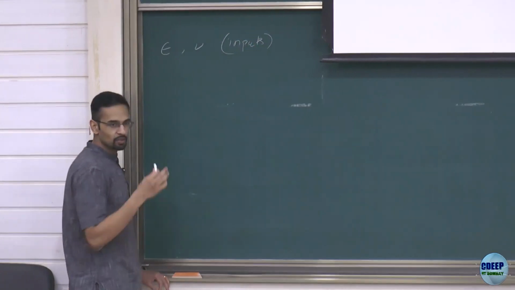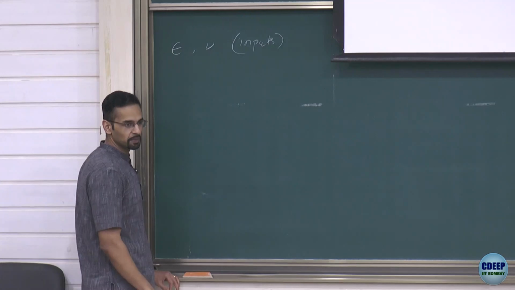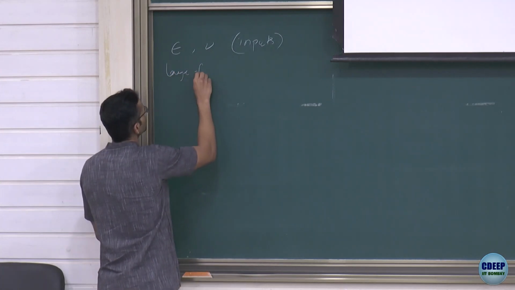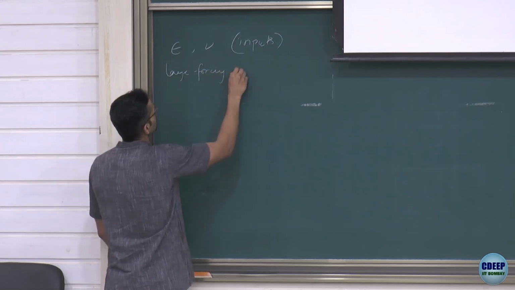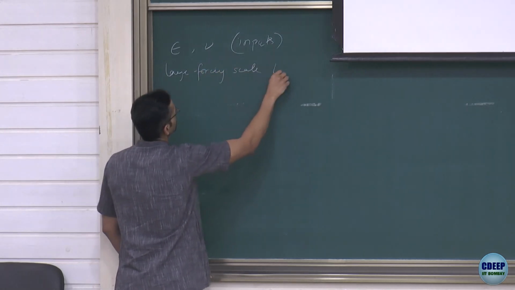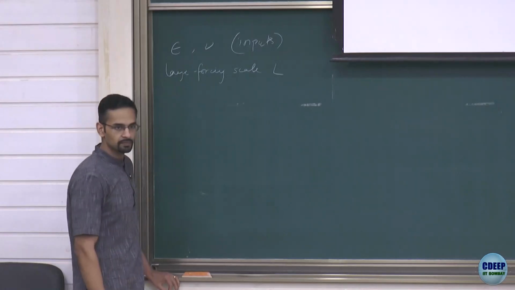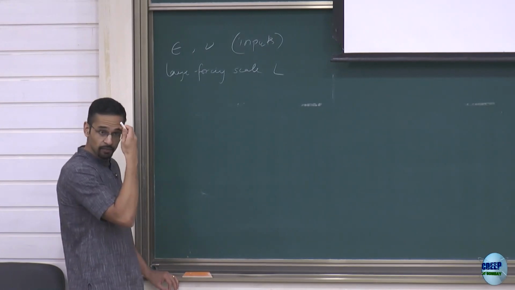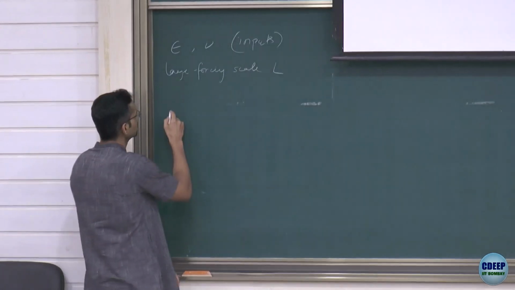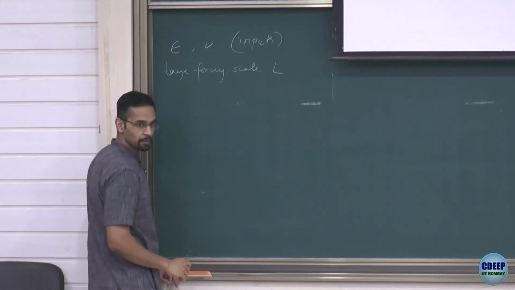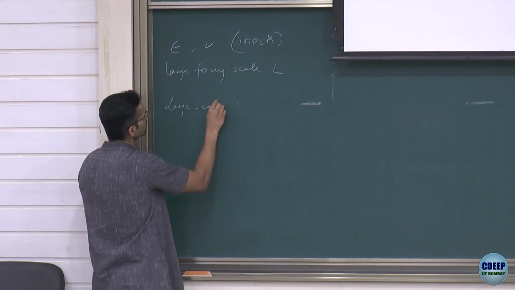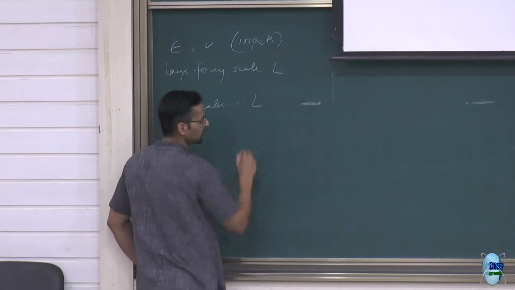And the nature of the large scale forcing was such that it was happening at some scale capital L. Then you have a range of scales inside the flow. So you have the large scale, capital L and capital U. So L is the large scale.